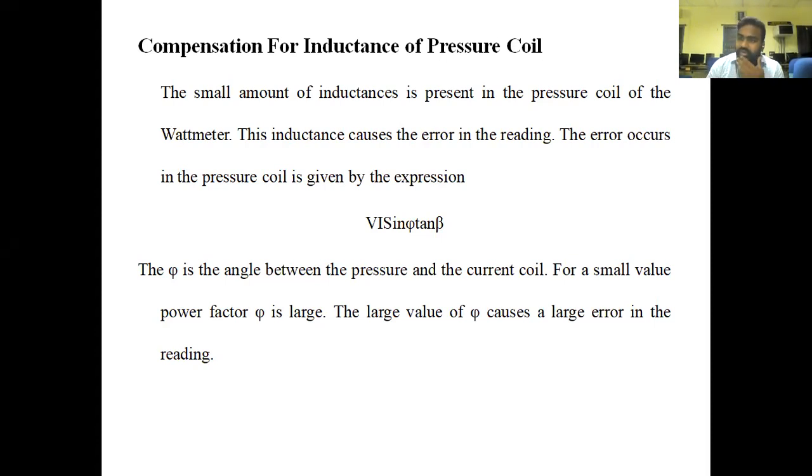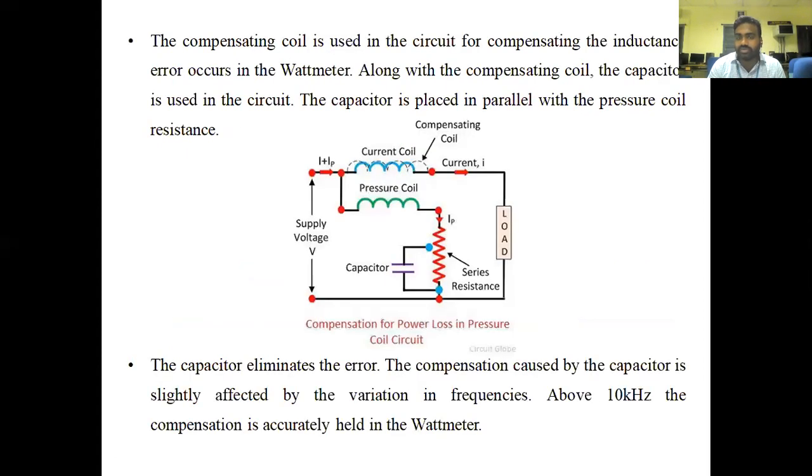The error with respect to the pressure coil is Va sin phi with respect to tan beta, where phi is the angle between the pressure coil and current coil, represented by the power factor. When the power factor is large, the error is also very high.